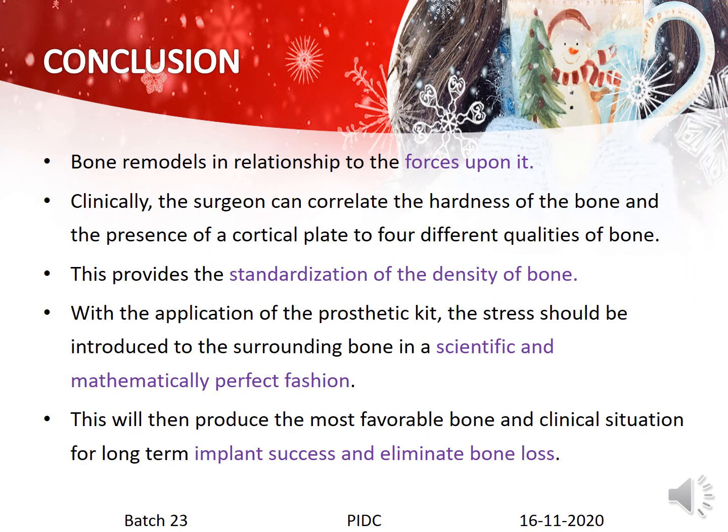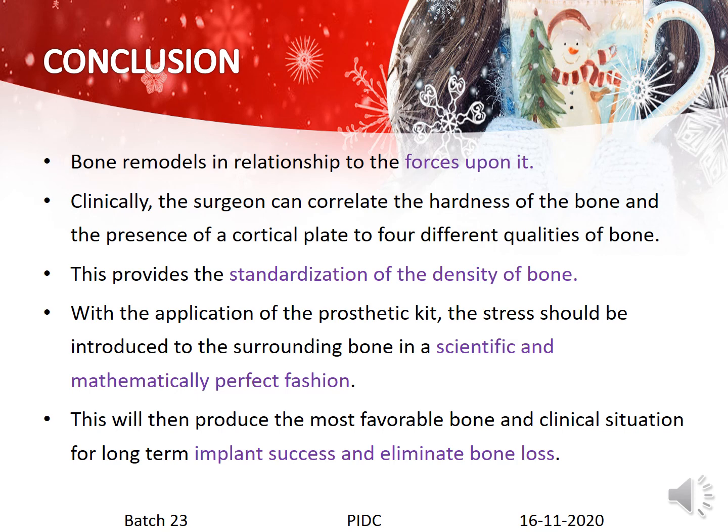So to conclude on this whole thing, I would tell that bone remodels in relationship to the forces which act upon it. Clinically, the surgeon should correlate the hardness of the bone and the presence of the cortical plate to 4 different qualities of bone. This provides the standardization of the density of bone. With the application of the prosthetic kit, the stress should be introduced to the surrounding bone in a scientific and mathematically perfect fashion.